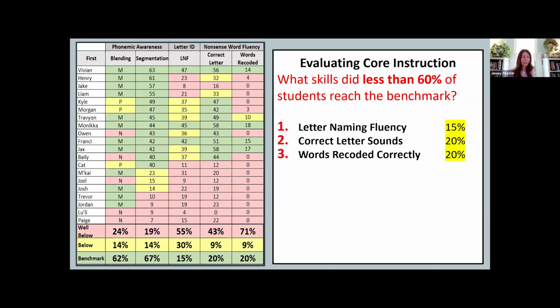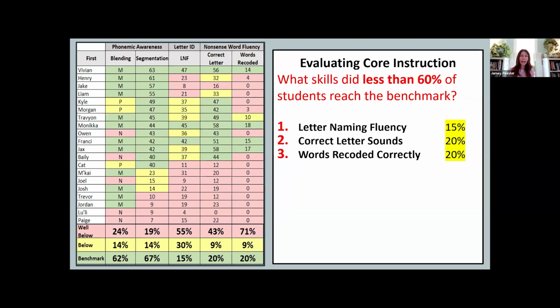There is a letter naming fluency subtest. There is also a nonsense word fluency, which is really looking at alphabetic principle with 2 separate scores, correct letter sounds and words recoded. There is also a subtest added here, which is phoneme blending. So checking to see, can students blend sounds and produce a word or a syllable? That's really a nice pre-reading task.